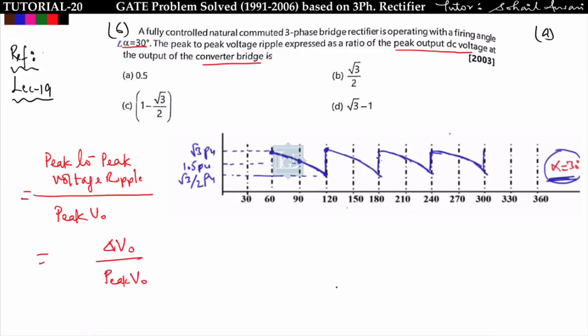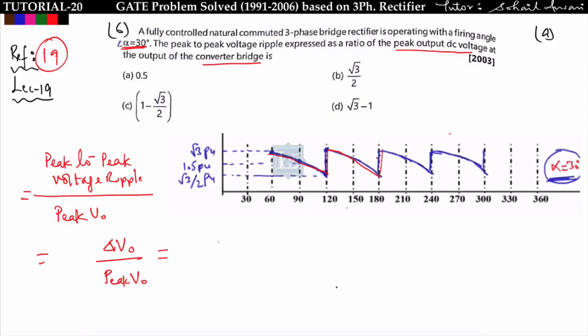See the question, it is saying the peak to peak voltage ripple, that means del V naught, as a ratio of the peak output DC voltage, that is peak V naught. See here, for alpha equal to 30 degrees, I have drawn in lecture number 19, the 3-phase full wave controlled rectifier. For alpha equal to 30 degrees, the waveform will look like this. So what is the ripple in output voltage?